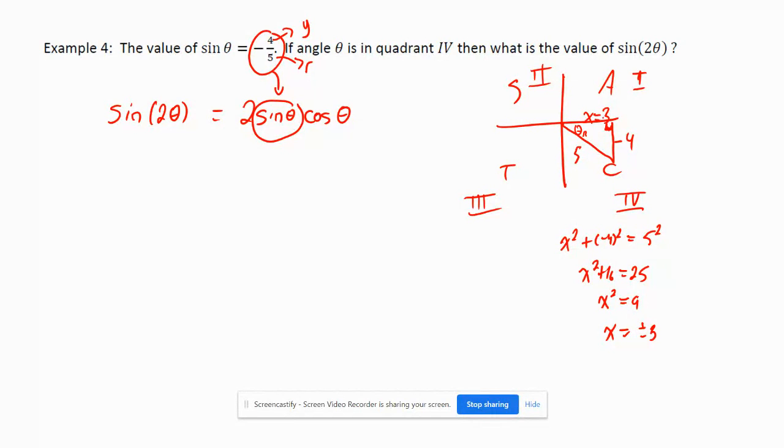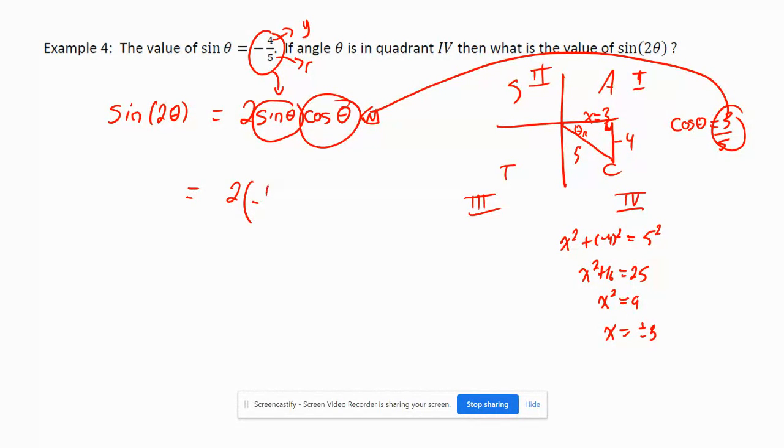Based off this, cosine is x over r, so therefore cosine theta is 3/5. So this value of cosine theta is going to be replaced by 3/5.